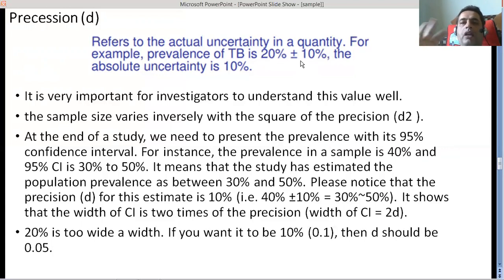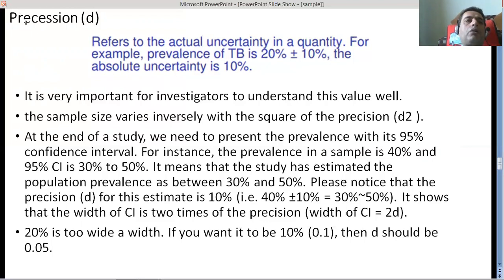So the actual value would lie between 10% and 30%. The actual prevalence of the disease that you are going to figure out would be between these two margins, 10% and 30%.